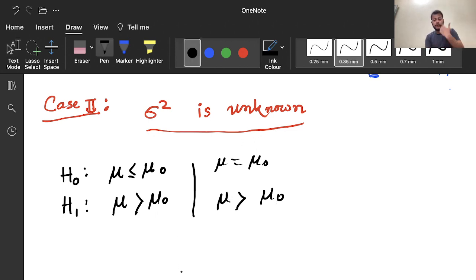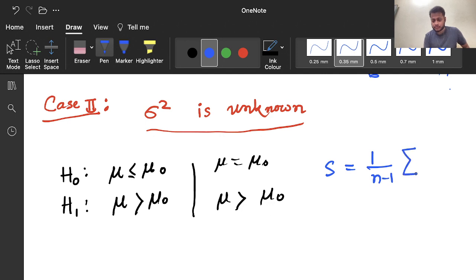And since sigma square is not known, we will use here the sample variance s square equal to 1 by n minus 1, summation of i equal to 1 to n, xi minus x bar... sorry, I think this is not the sample variance.